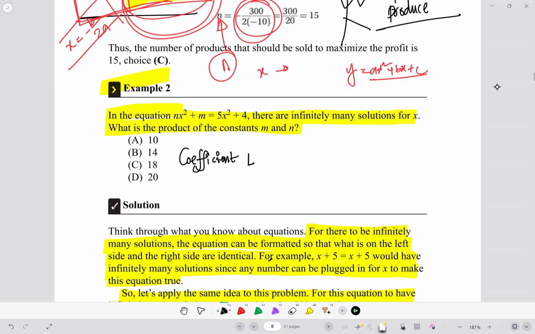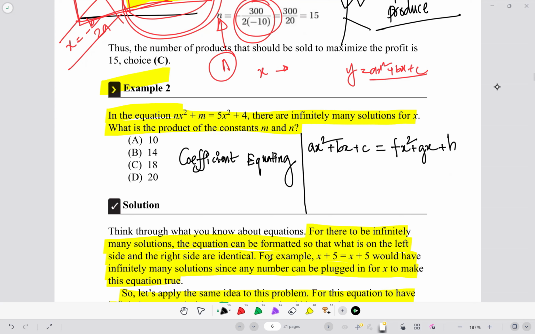The basic concept of coefficient equating, to give you an example: ax squared plus bx plus c is equal to fx squared plus gx plus h. Just consider this equation.